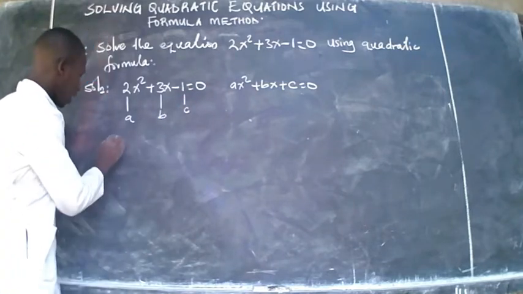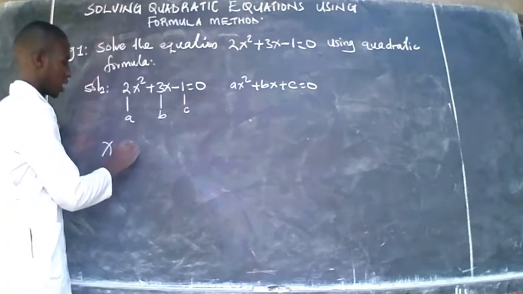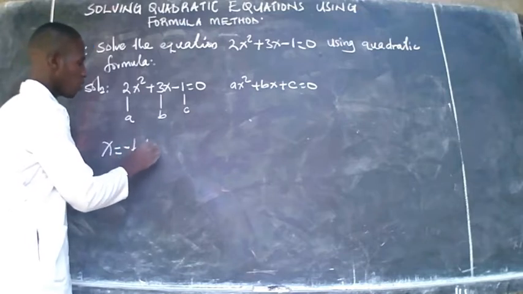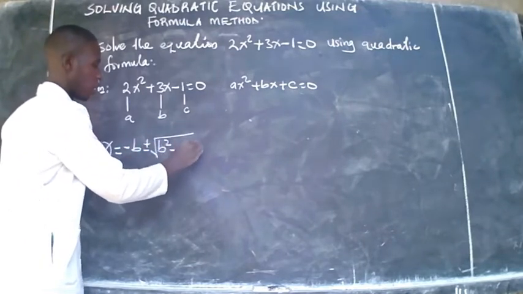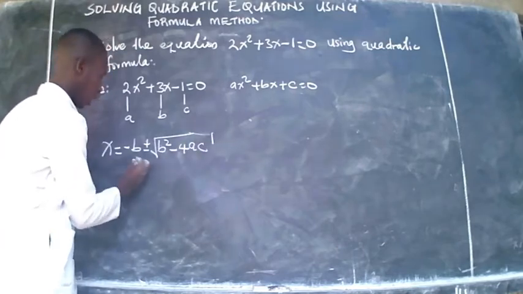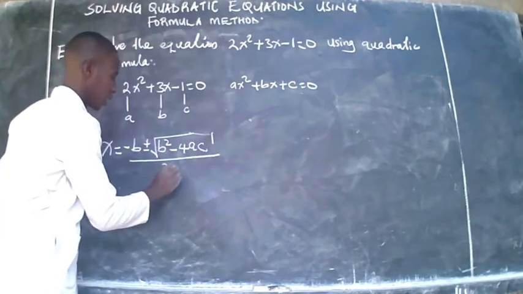The formula tells us that x is the same as negative b plus or minus root of b squared minus 4ac, the whole thing divided by 2a.